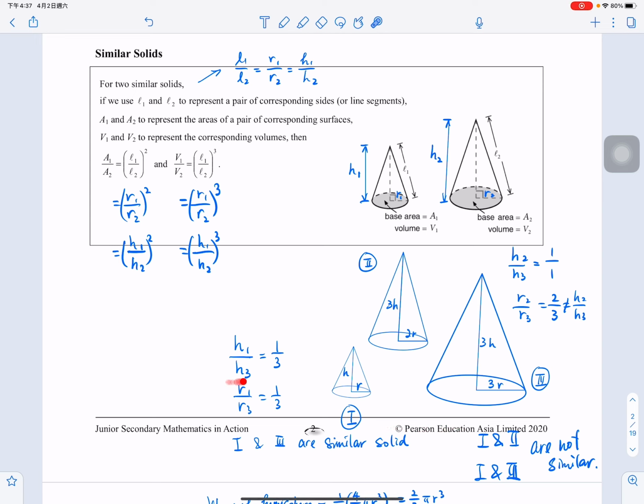Then you can check the ratio between the lengths. Sometimes we can check the area or volume ratios. Do they have the square of the length ratio? For volume, they have the cube of the length ratios. So you can check it and know whether they are similar or not.